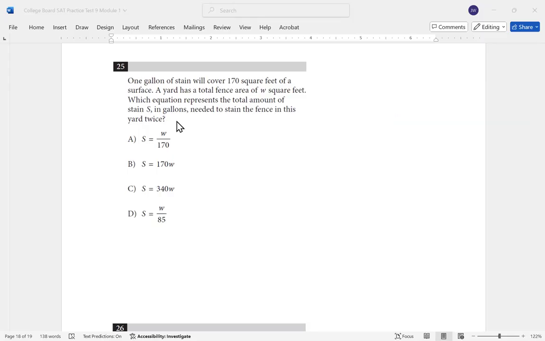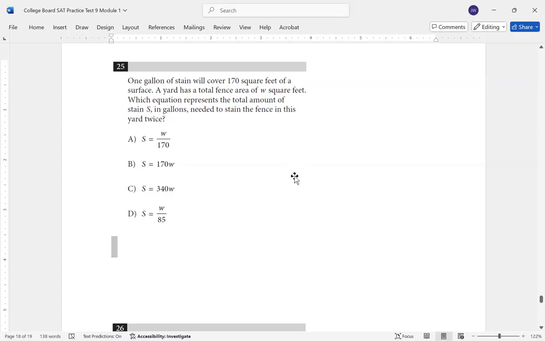Now, the twice is a very big word there. If we were doing it once, it's W square feet for the fence area. If we're doing it twice, it's 2W square feet for the fence area.